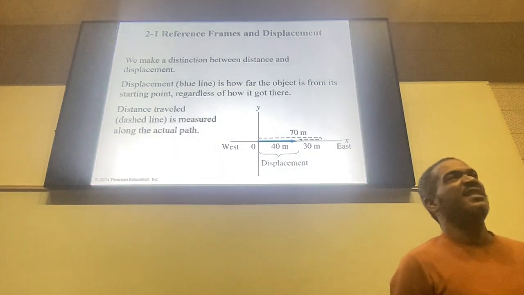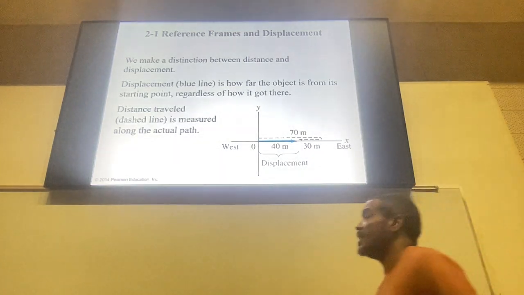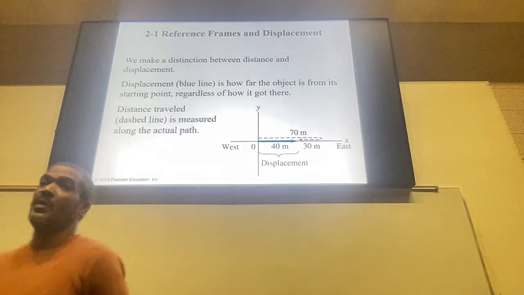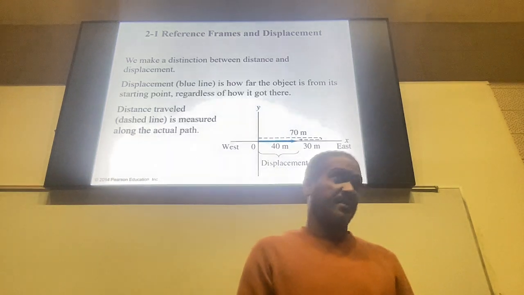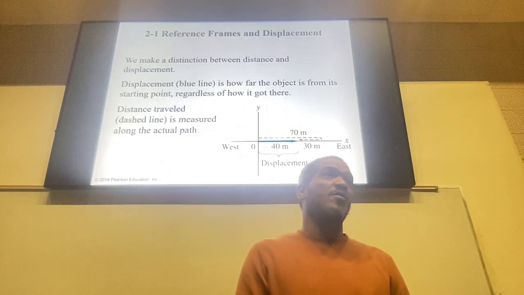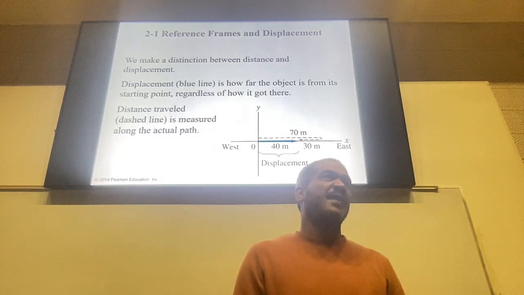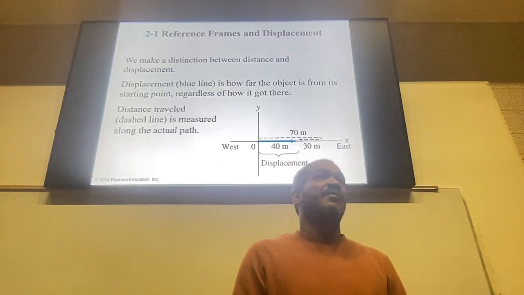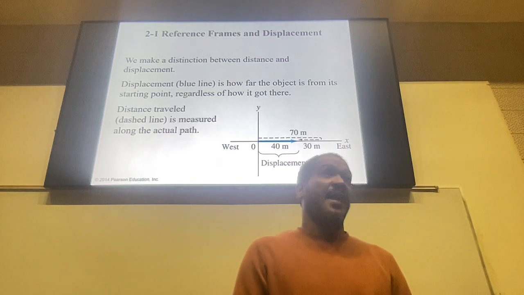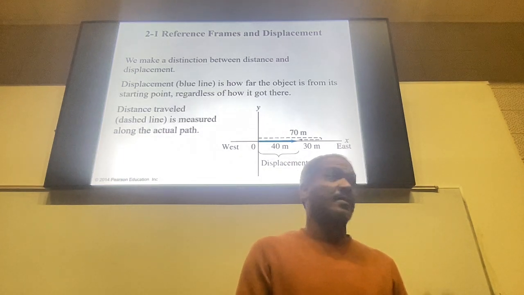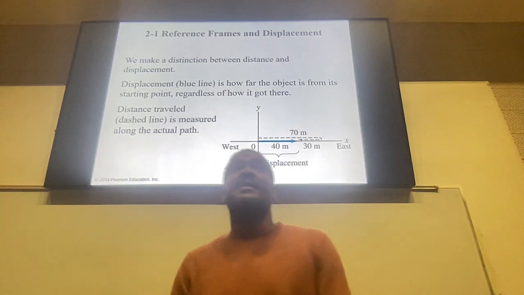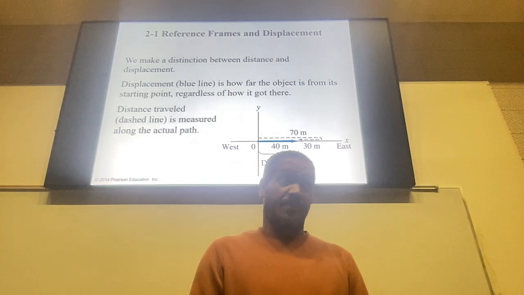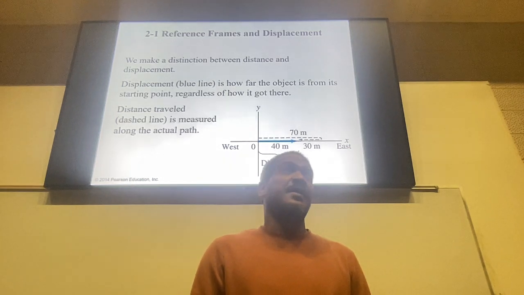There's a difference between distance and displacement, and that's what's going to define the difference between speed and velocity. So far we've been talking mostly about speed, how fast something is going, right? Velocity is how fast and in what direction?